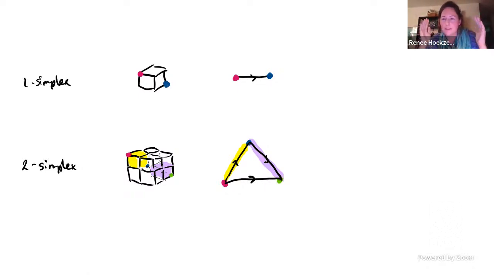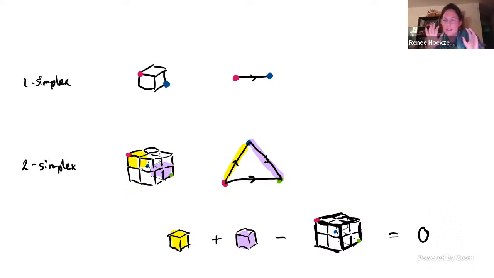So if I think about it like a nerve of a category, then you compose two morphisms, and that's the composite, and that forms a two simplex. So in particular, as a relation on the one simplices, this gives the relation that the yellow cube as a one simplex plus the purple cube minus the big cube, if I think about just the outlying vertices, is 0.